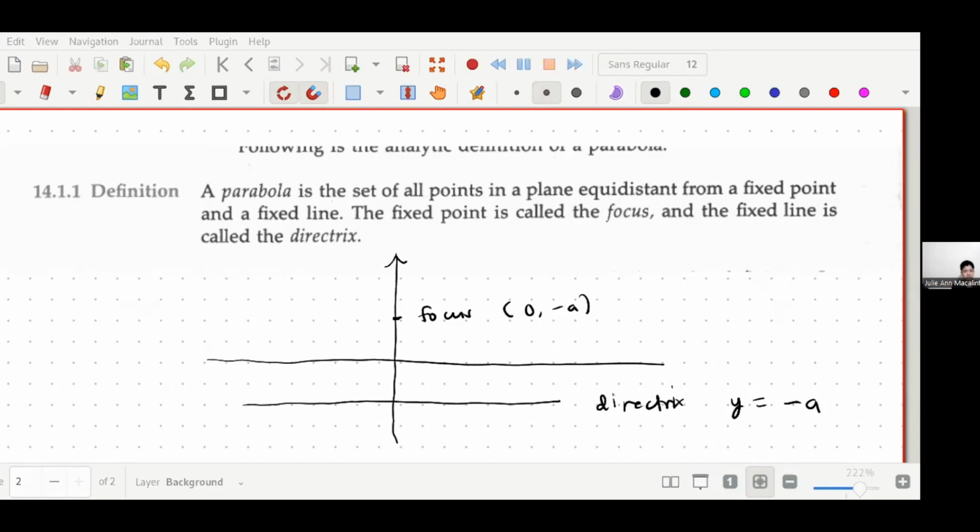Parabolas are actually... it turns out na if you have a planet orbiting the sun, the orbit is going to be an ellipse. Diba? Ngayon, aside from that, the other possible motions of objects influenced by the sun would be parabola or hyperbola. One-time visit would be hyperbola and parabola.